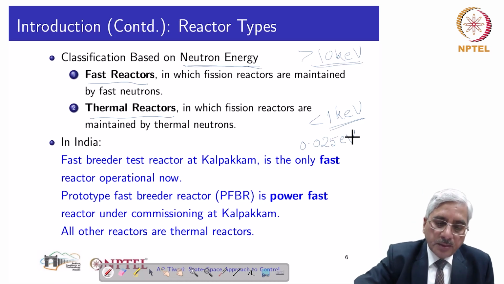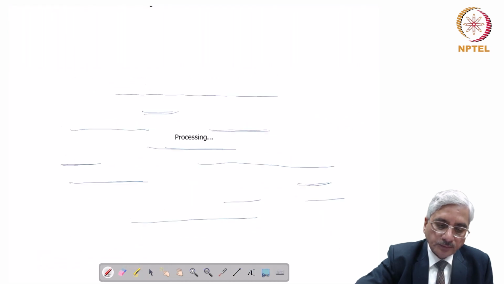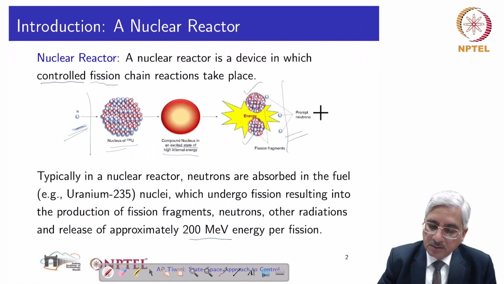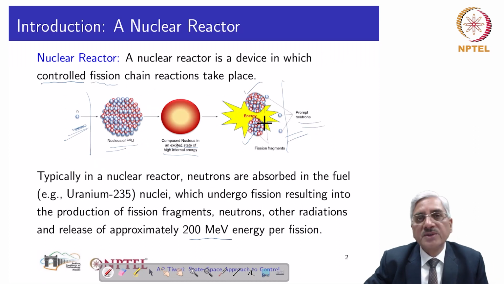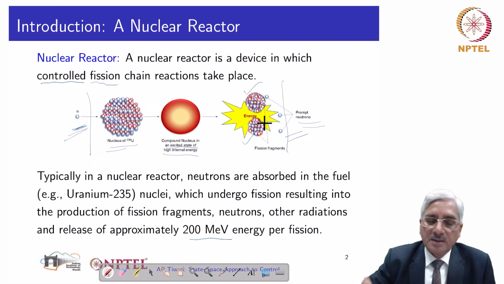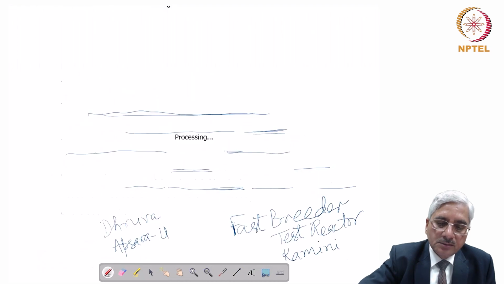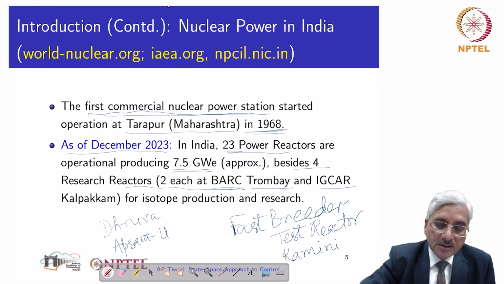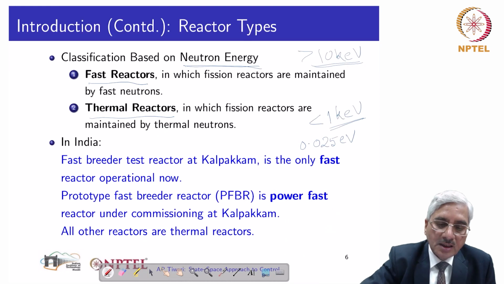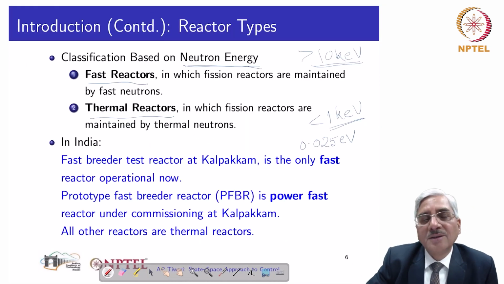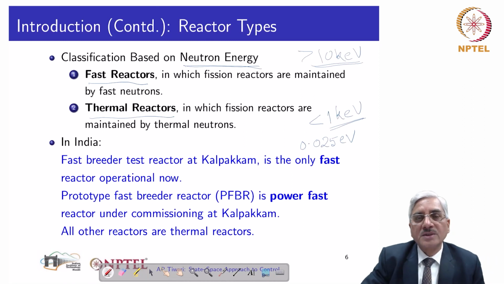So in the previous slide, where I showed the schematic of fission, these neutrons which come out from the fission have high energy. And in a thermal reactor, their energy is so high that they will not be so effective in causing the fission reactions.